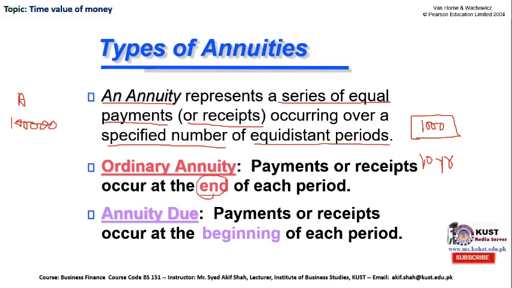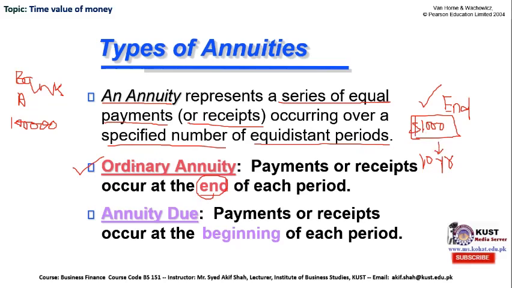Now let's take the previous example of Bank A, in which the bank was supposed to pay you out $1,000 at the end of each accounting period or financial year. Then this kind of annuity will be considered an ordinary annuity because the bank is paying you $1,000 at the end of each year for the next 10 years.